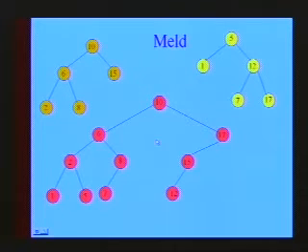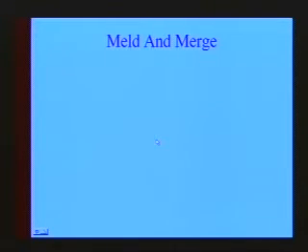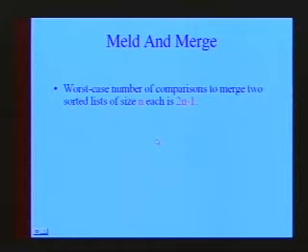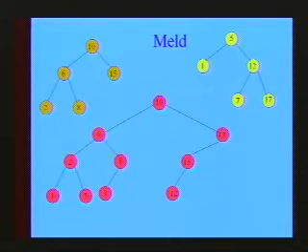And to see why you can't do this in logarithmic time, we know that the meld operation here is one that can be used to perform a merge on two sorted lists.